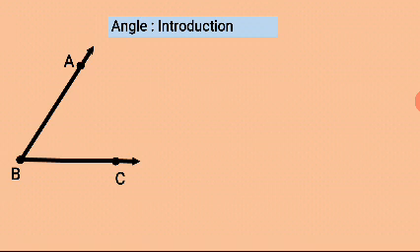We first learn the elements of that angle. First we write the name of the angle, that is angle ABC or angle CBA or angle B. We use a three-letter name or a one-letter name for writing the name of an angle.